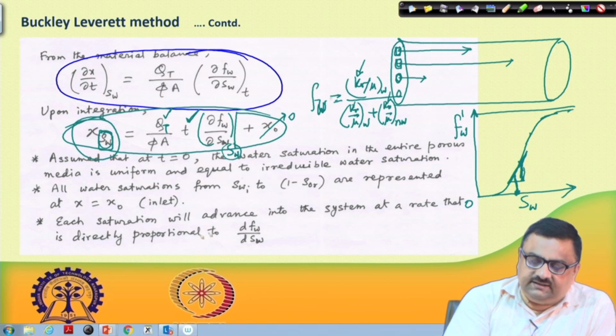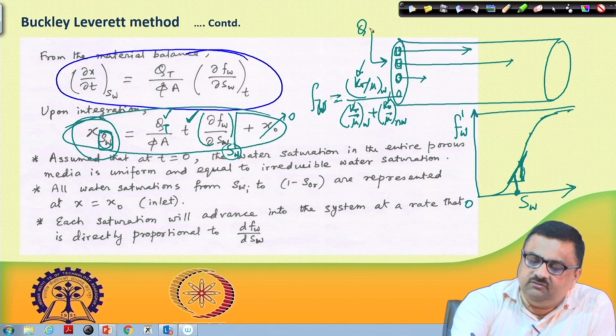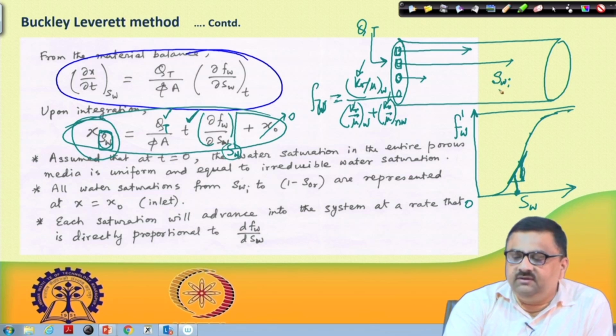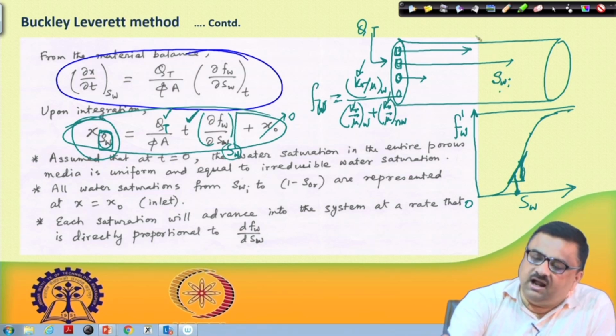We considered that we inject water at rate Qt, assuming it started with Swi. We said that there is a range possible for saturation within this porous medium. The lowest value is Swi, the highest value is 1 minus Snwr, or 1 minus Sor.